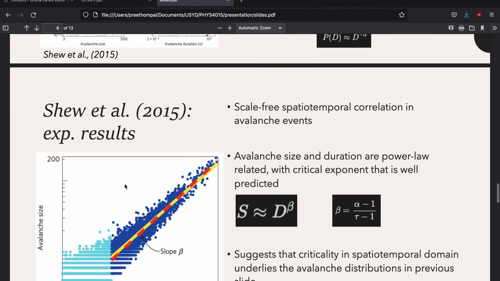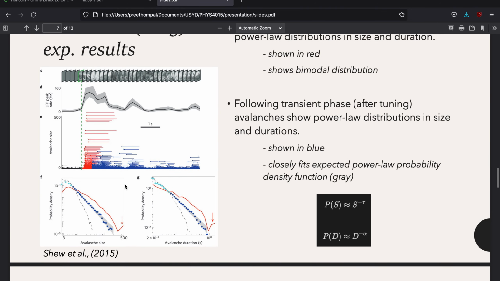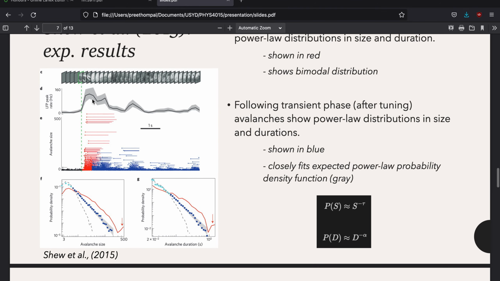So initially, we get some very, very large avalanches and many smaller avalanches. But then after that, we get avalanches perfectly following a power law distribution. So the fluctuations due to visual input are seen at every scale. They're seen at a very small scale and a very large scale, following a power law distribution, as you expect from criticality.